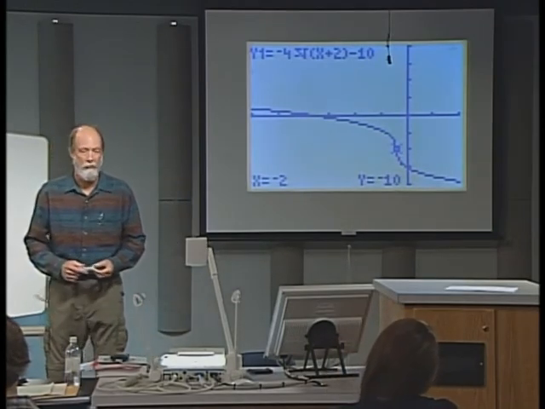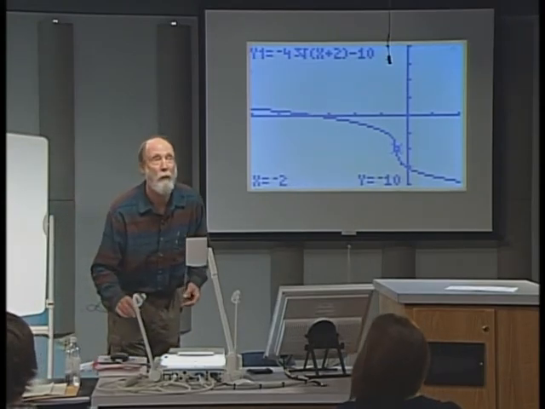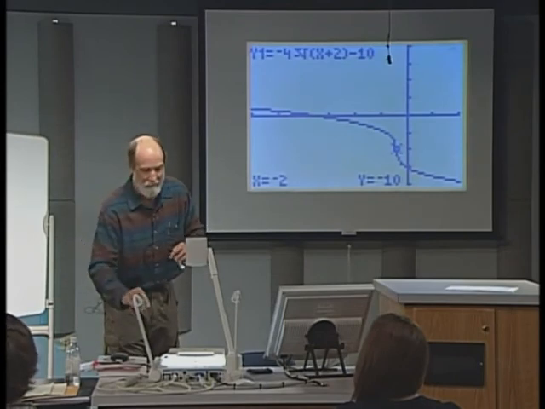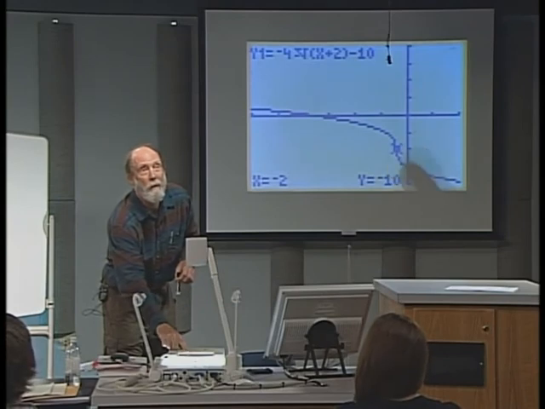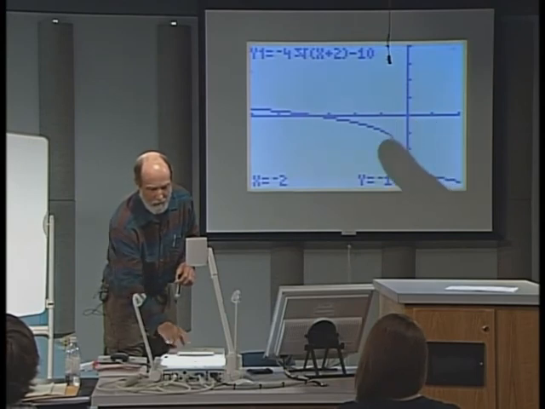Okay, very nice. So you can see that very important point, negative 2, negative 10. That's that transformation. Every other point on that graph has been shifted 2 to the left and down 10.